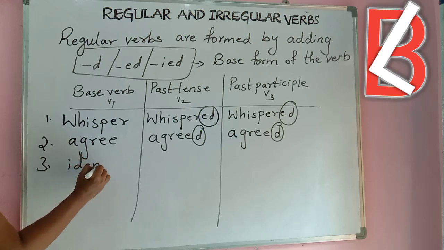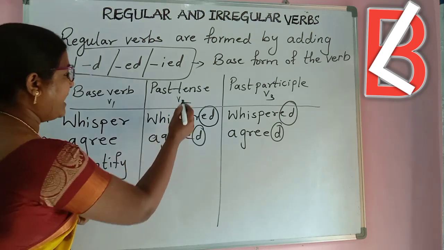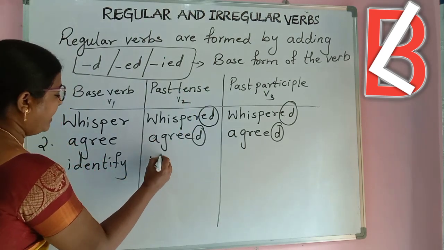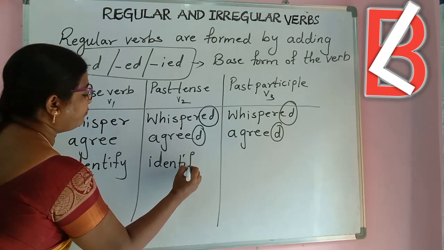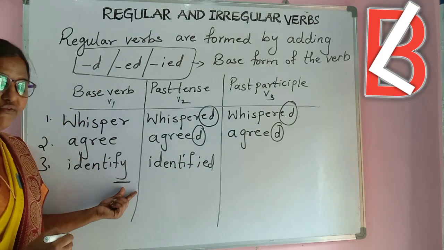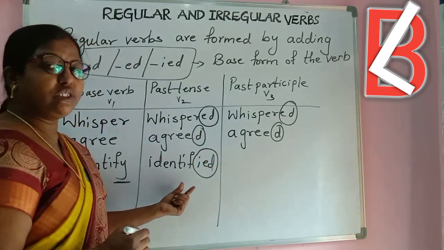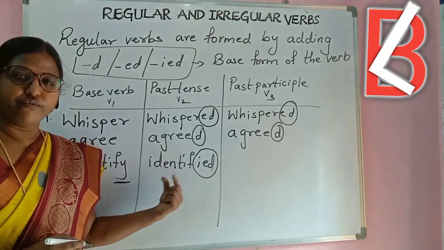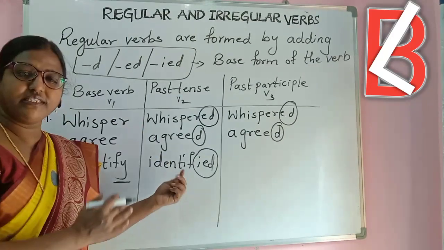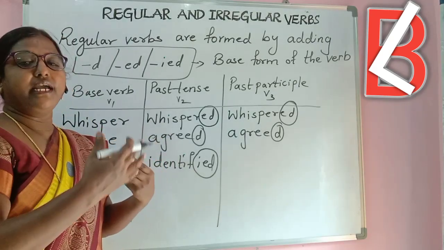Identify. Identify is the base form of the verb, and its past tense V2 form is identified. Here we have removed the y from the base form of the verb and we have added ied. As per the spelling rules, for a word which ends with y, when we are adding a suffix, we remove the y and we add, according to the word, ied or ies.